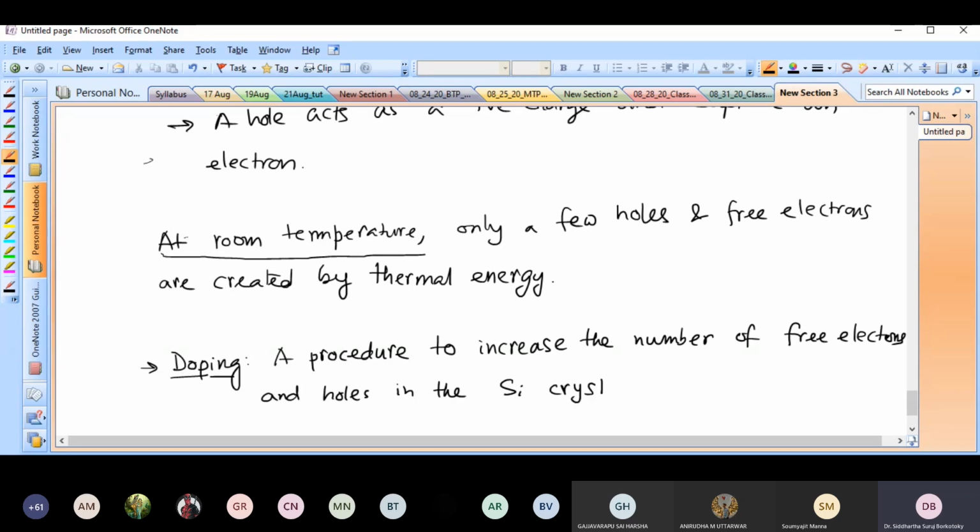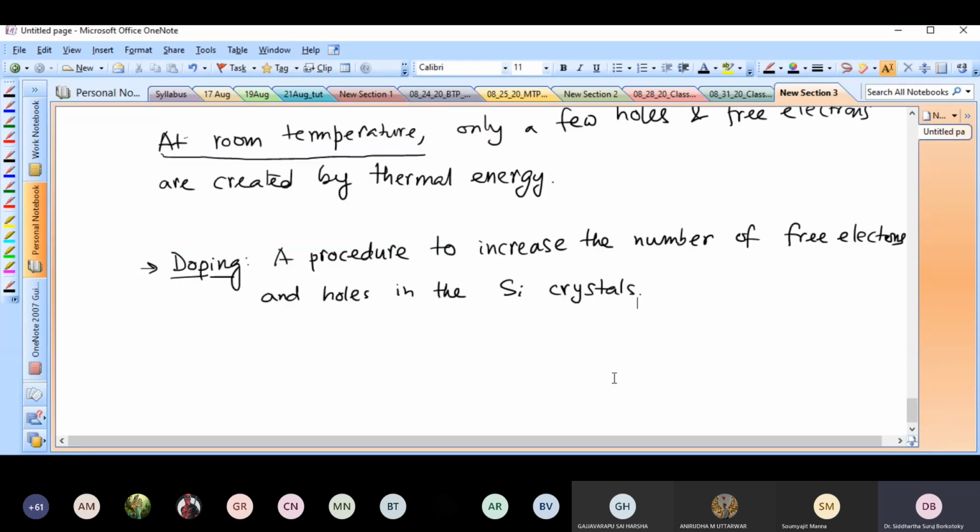I often refer to silicon because these days we are normally dealing with silicon, but it could be germanium. You can dope a silicon crystal, you can dope a germanium crystal, but we are doping mostly silicon because that's what we use these days. So doping is the procedure to do this.